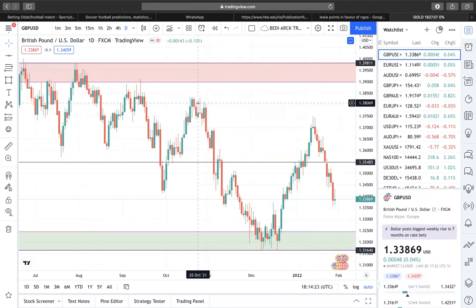Then when you come here, around this area, I can get that this is the last green before the drop. So you can get another zone here. When we come here, this was the last green before the drop. You can get another zone. So you can get multiple zones. Is that okay? And these zones become order blocks. So this one will be order block 1, order block 2, order block 3. Is that okay?